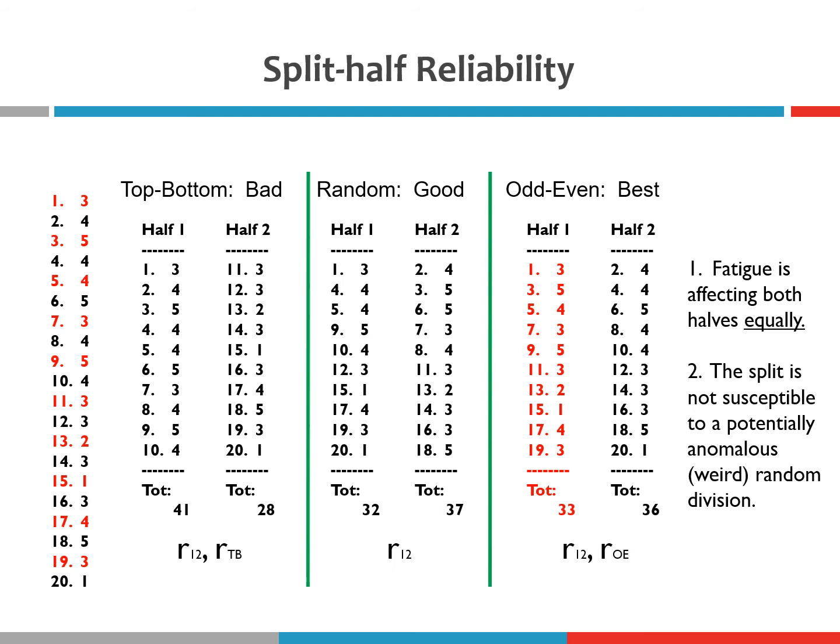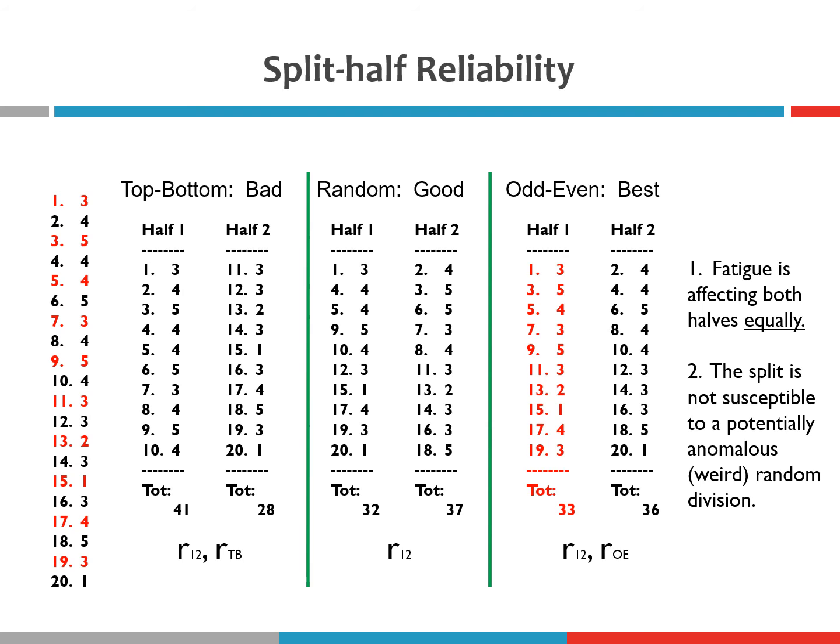them in the first half, and all of the odd or even questions and put them in the second half. So let's say we chose all of the odd numbered questions for half one and all of the even numbered questions for half two. In this case, we're going to see the effects of fatigue in both halves, because we have some questions in half one that were numbered 200 or 400 or 350, and some questions in half one that were like 1, 2, or 3.